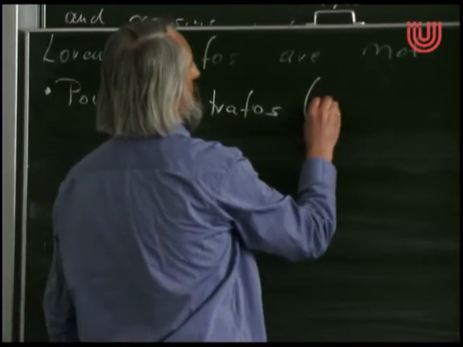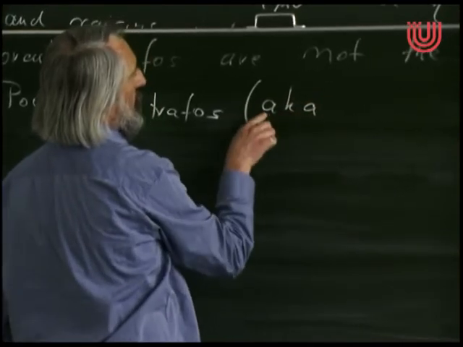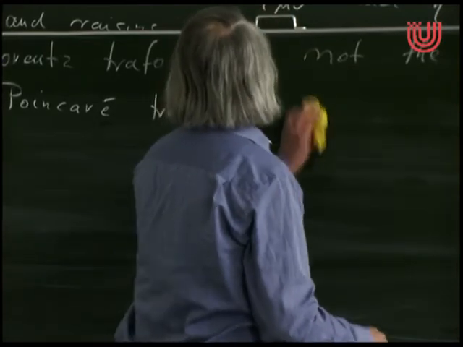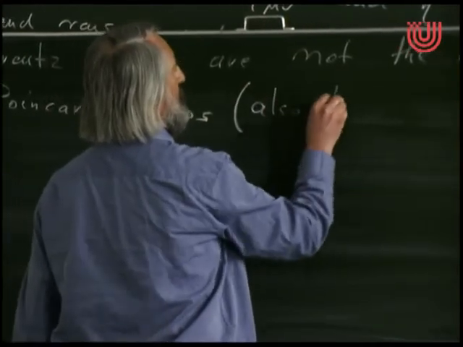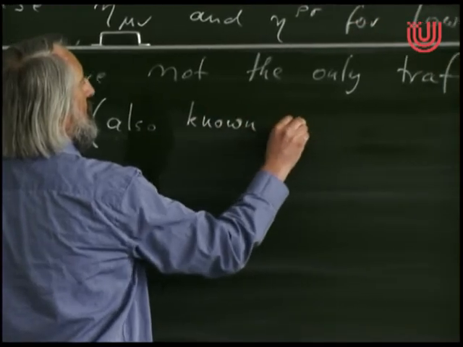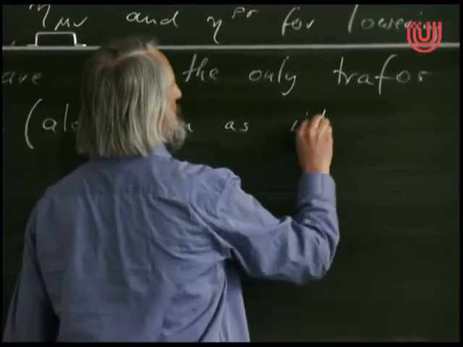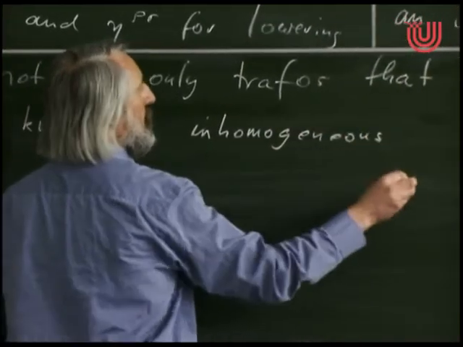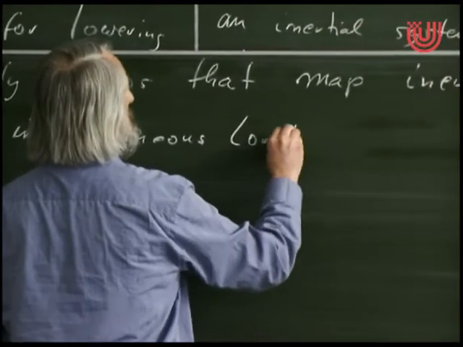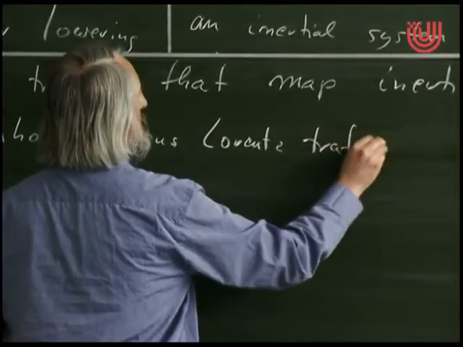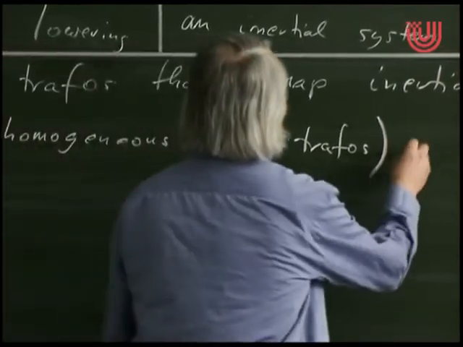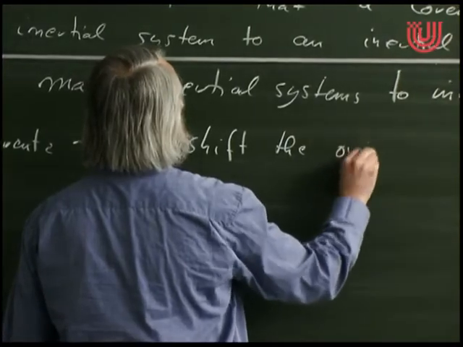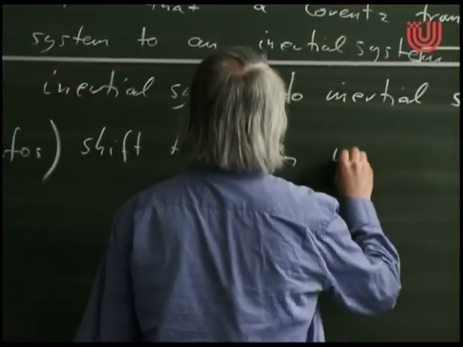They are sometimes called, AKA means also known as, maybe I should write it out, also known as inhomogeneous Lorentz transformations. Shift the origin, in addition to what a Lorentz transformation does.